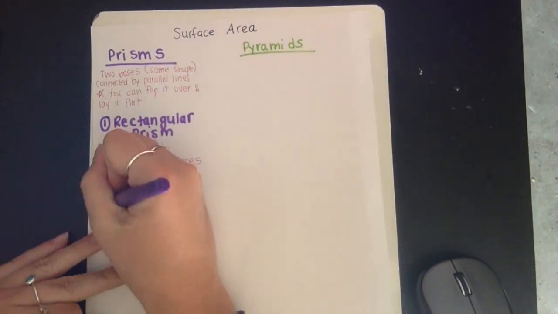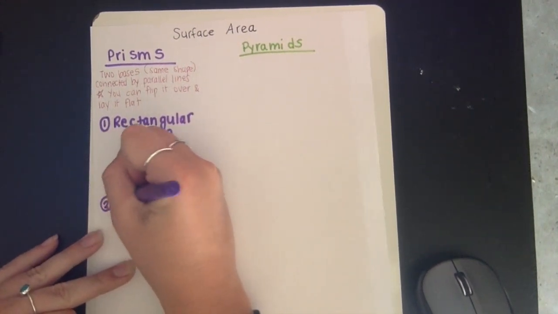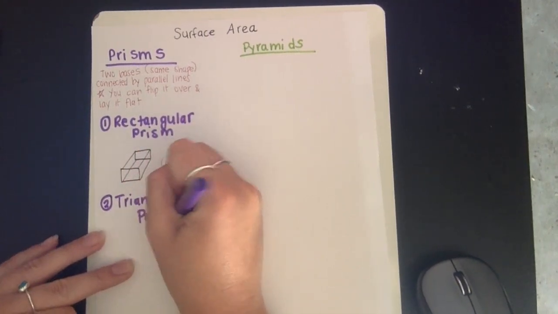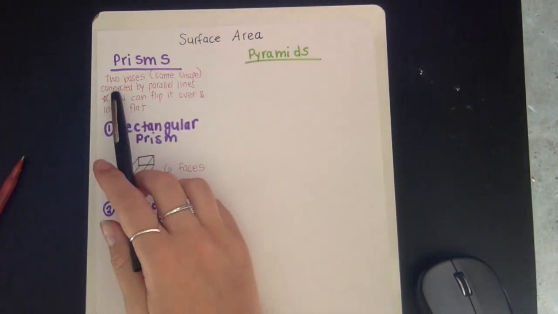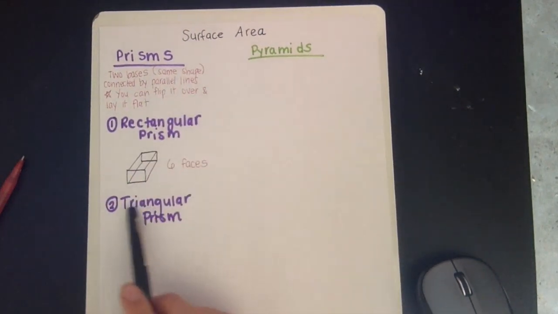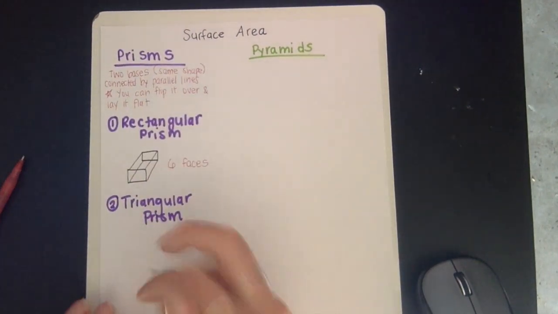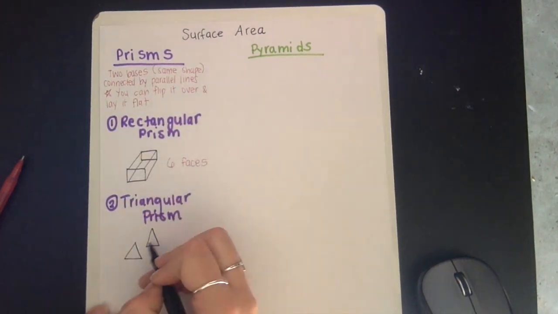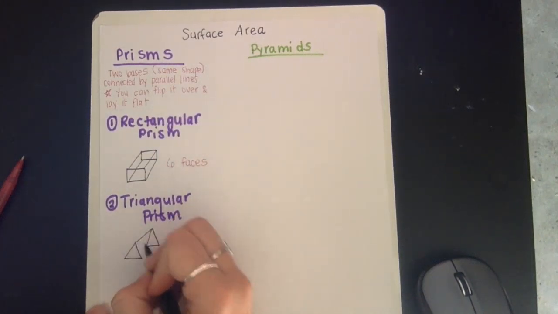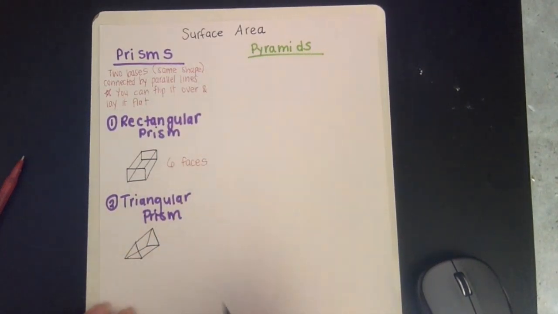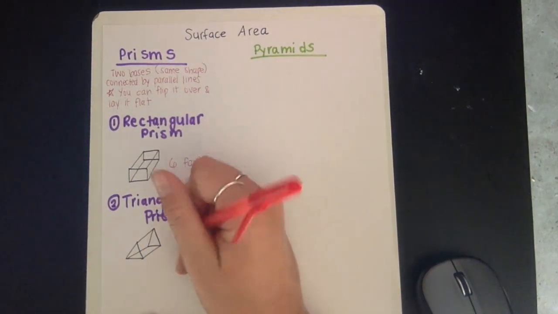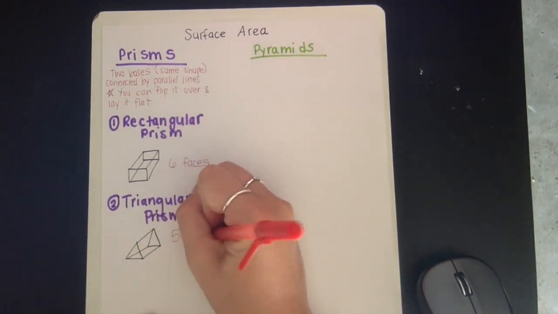Then we started talking about, well, what about a triangular prism? Here I'm going to do the same thing. A prism is 2 bases that are the same shape. This case is telling me it's a triangular prism, so I'm going to draw 2 triangles. These 2 triangles will be the same size and they're connected by parallel lines, vertex to vertex. So here's an example of a triangular prism. And every single triangular prism is going to have 5 faces.